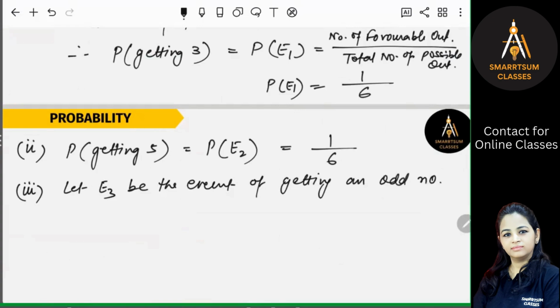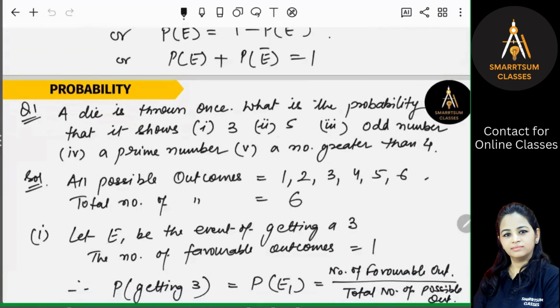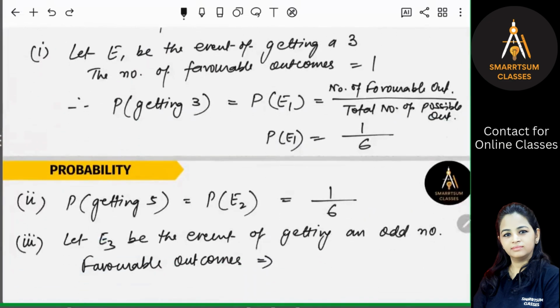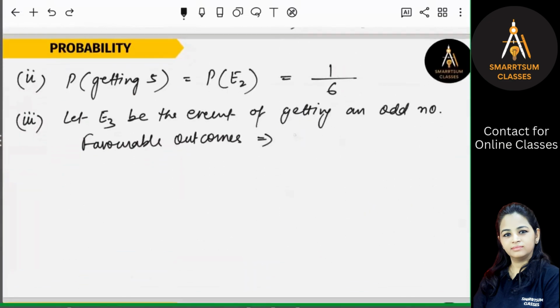Now, what are the favorable outcomes? Favorable outcomes means how many times you are getting a number which is an odd number. So 1 is odd, 3 is odd, and 5 is odd. So the favorable outcomes in which this event happens are 1, 3, and 5, right?